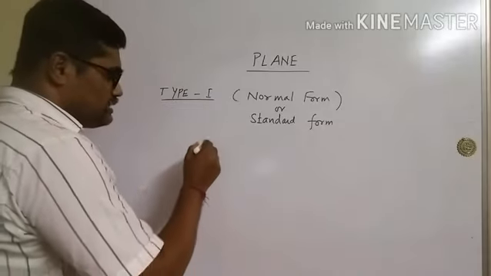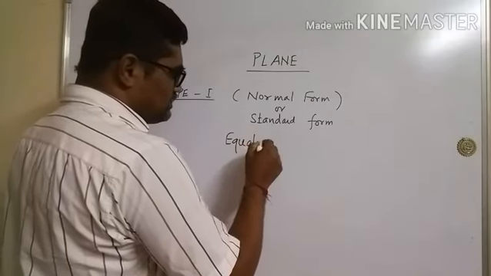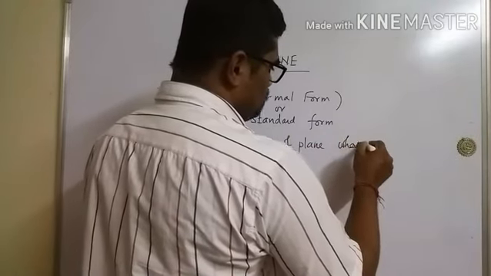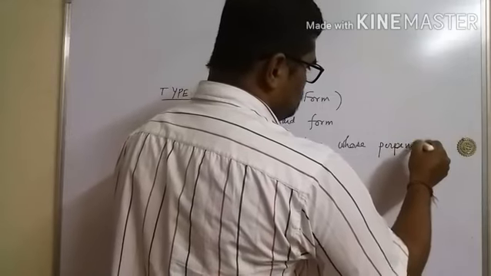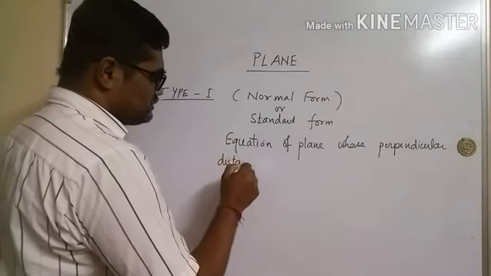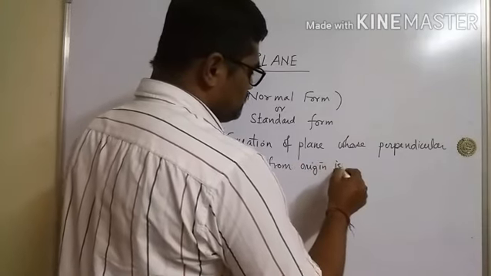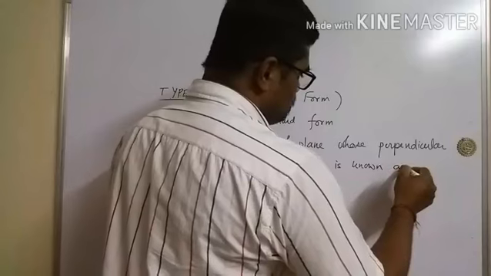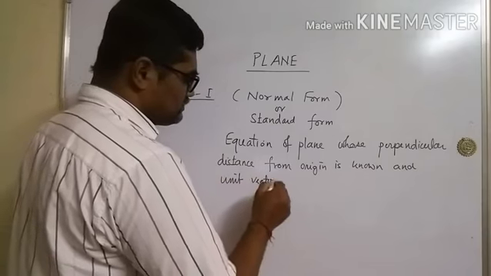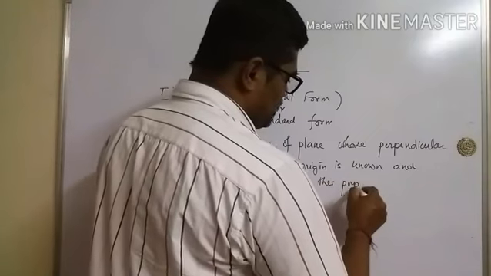What is the requirement? Just you see, this contains the equation of a plane whose perpendicular distance from origin is known and unit vector along this perpendicular is known.